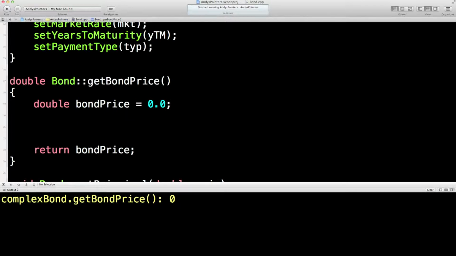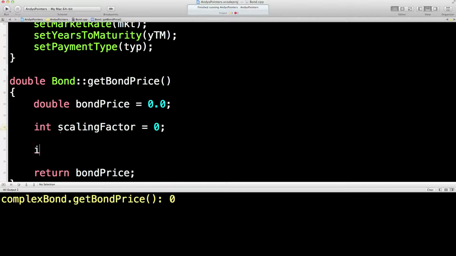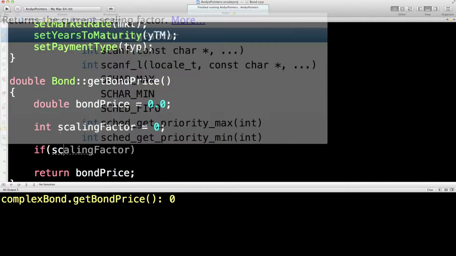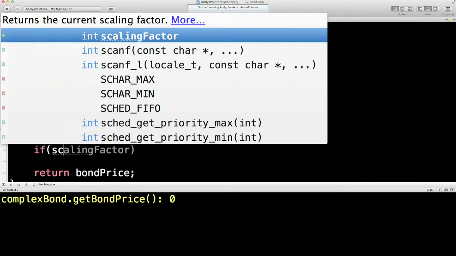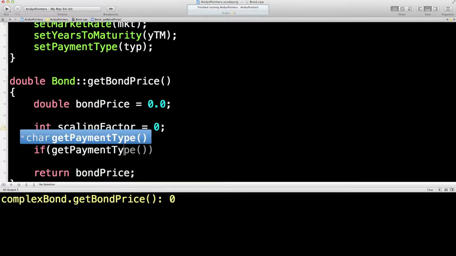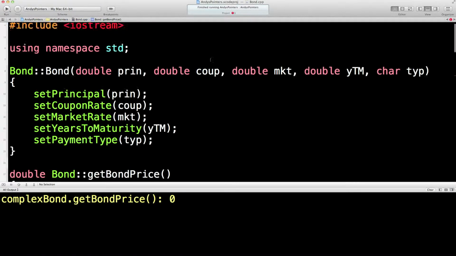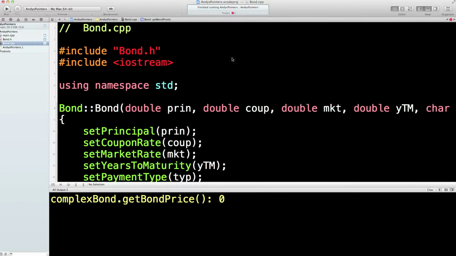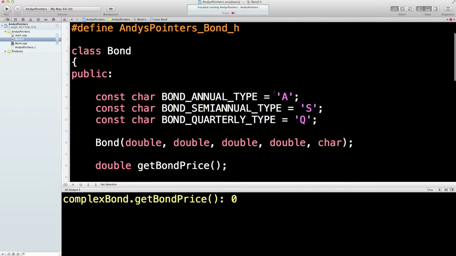And that's going to affect my calculation, so I need to take account of that. The first thing I need to do is set up a thing called a scaling factor. And I'm going to do a little check on the scaling factor. So I'll get the payment type, which will be an A, an S or a Q, and I will see, is it equal to, let's find my little file, is it equal to this chap here?